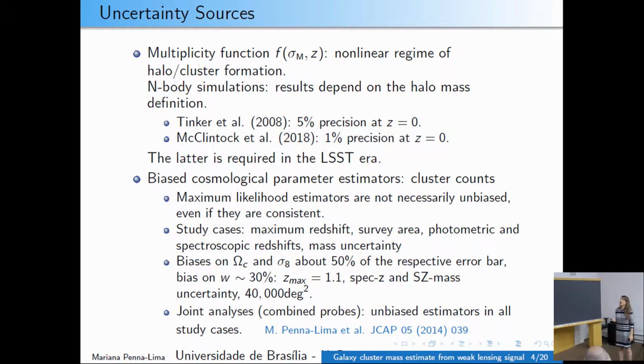Then we have this. Usually people don't care too much about the second source here, which is the possible bias that your cosmological parameter estimators can have. So this is something that I published in 2014, but I always like to remember when I have this opportunity that it is something that we have to take care of, okay?